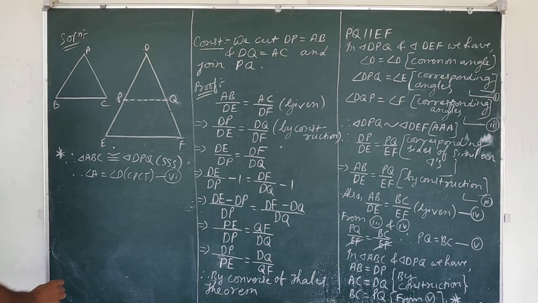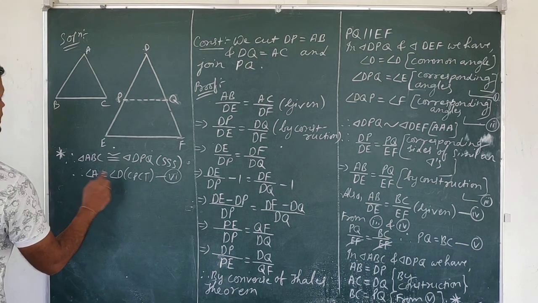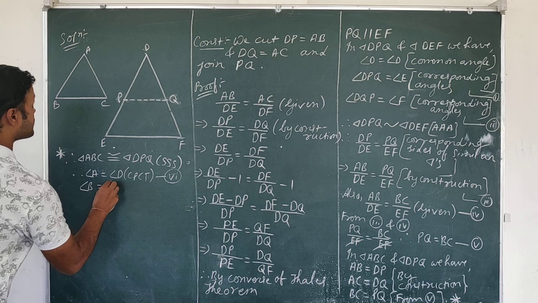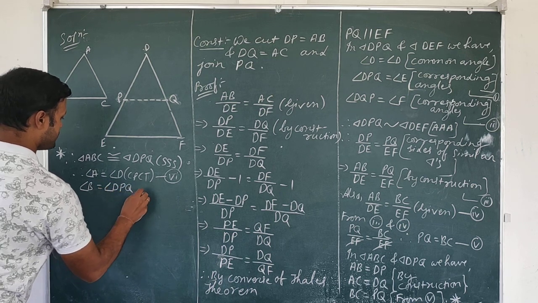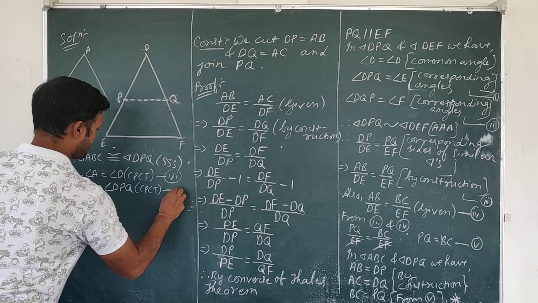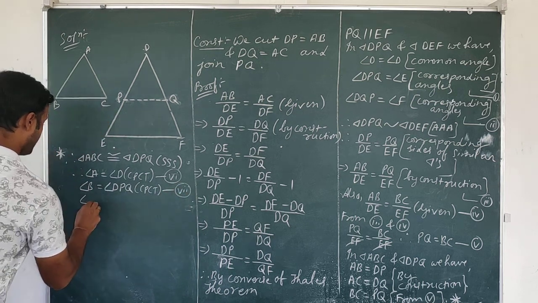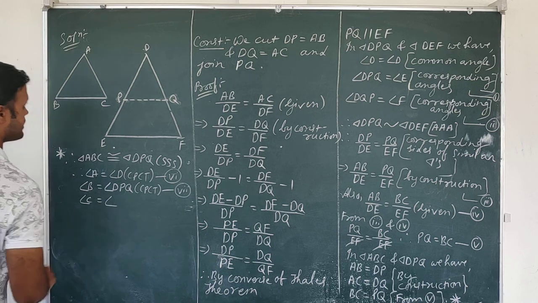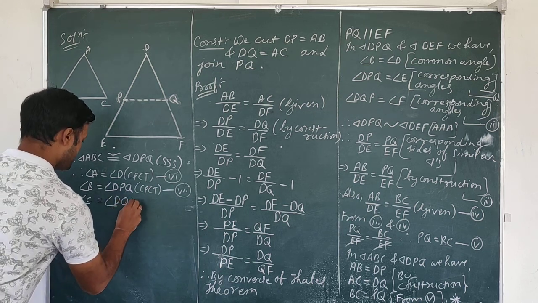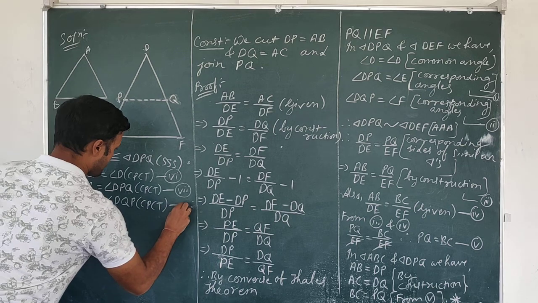Angle B is equal to angle DPQ, CPCT, mark number 7, and angle C is equal to angle DQP, CPCT, mark number 8.